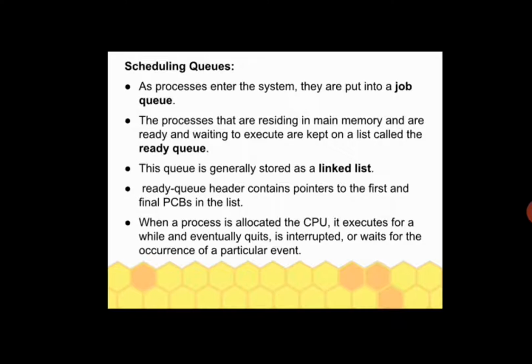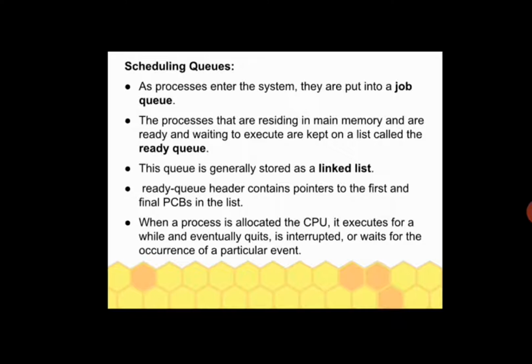Okay, now the first point is, whenever the process enters the system, or whenever the process is started, it will be put into the job queue. Job queue means there is a separate queue, separate data structure, in which the OS is going to put your process, so that it can wait for the actual execution.